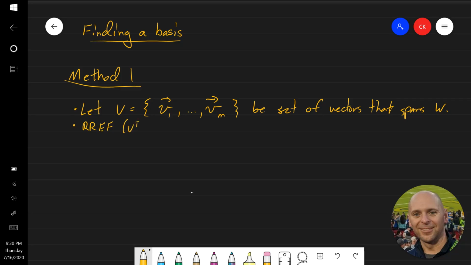Of course, that only works on the row space, as we saw. So we had to transpose the matrix, row ref it, and then transpose it back.